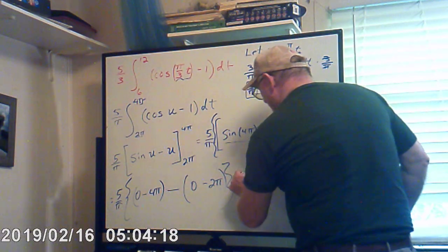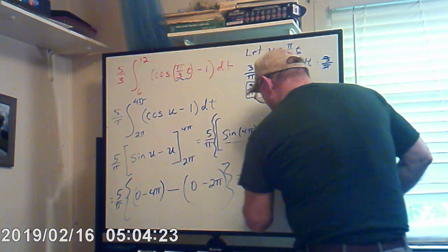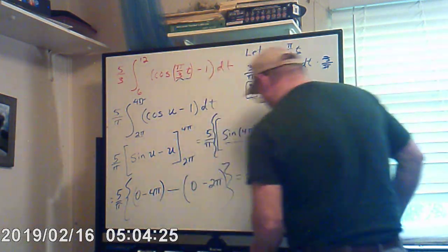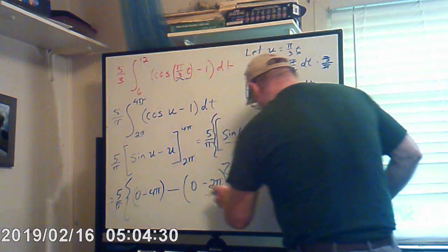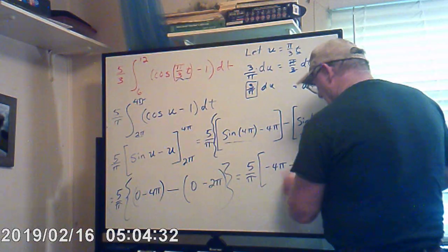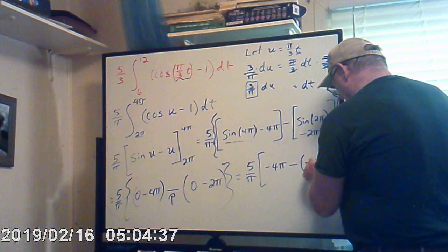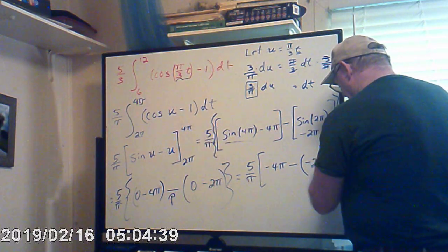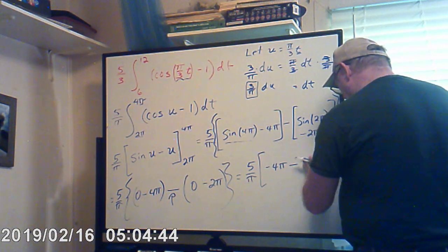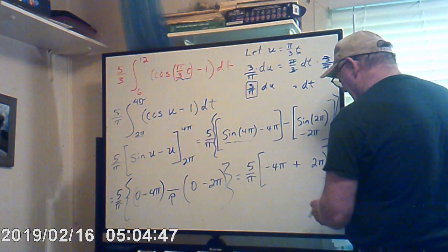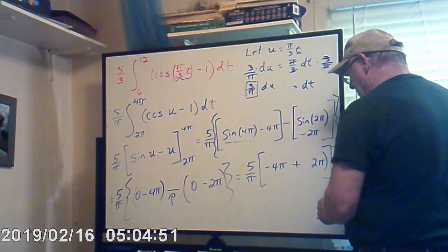So that's equal to 5 over pi times. 0 minus 4 pi is negative 4 pi. 0 minus 2 pi. So minus sign here. Don't forget that. Negative 2 pi. Alright. So minus a negative is a plus. So I'm just going to go ahead and put that plus sign. So negative 4 pi plus 2 pi is negative 2 pi.